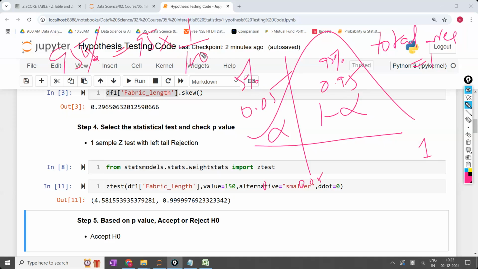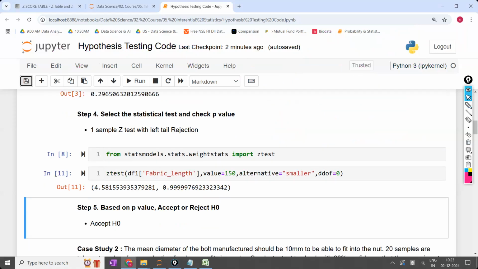The meaning of percentage is 1 by 100. When you convert any percentage to a value, the percentage symbol we have to write as 1 by 100. 95 by 100 is 0.95. Is the point clear? Everyone? Anyone has any questions?